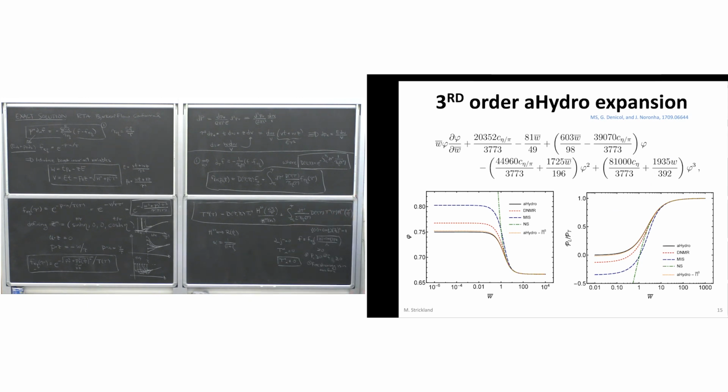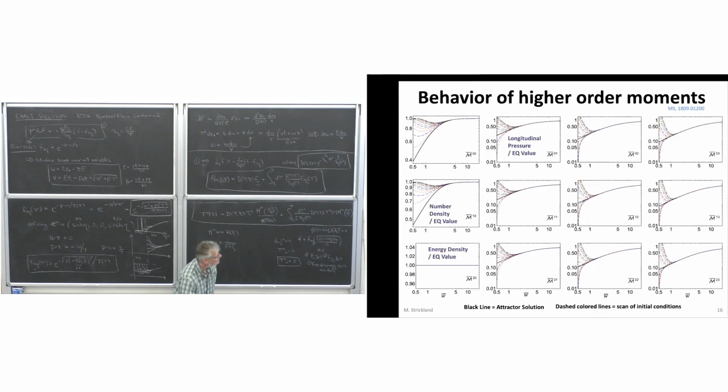And as you can see, it gets you almost to the exact solution. And here, I'm just using A hydro as the stand-in for the exact solution because it's indistinguishable from it in this plot. You can go to phi 4 and make it even better. But why would you do that? You can just solve two ordinary differential equations in Mathematica. Maybe even your phone can do it.